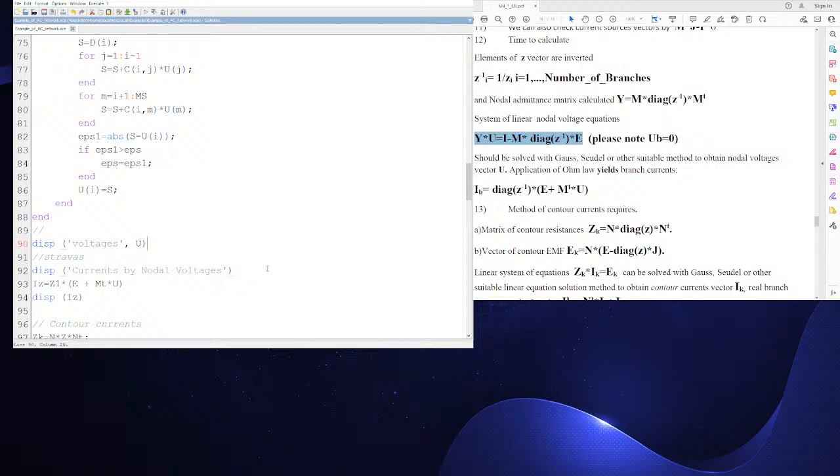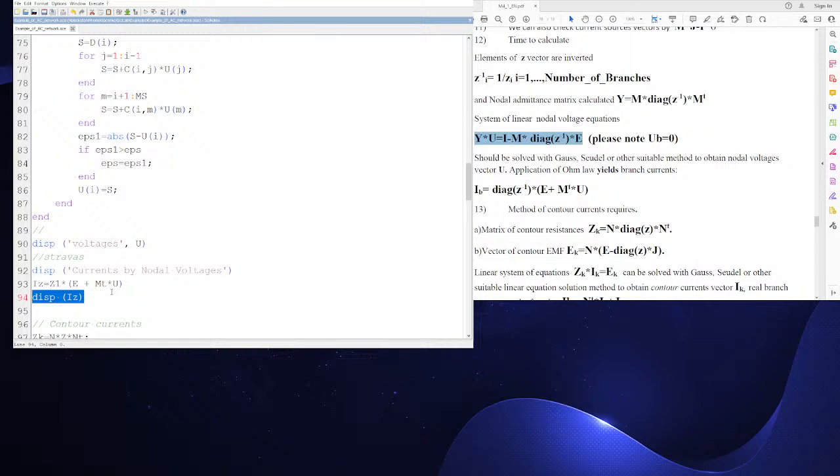When I get voltages from the technique called nodal voltage method, I can apply Ohm's law to get branch currents. In fact, I have solved a network.